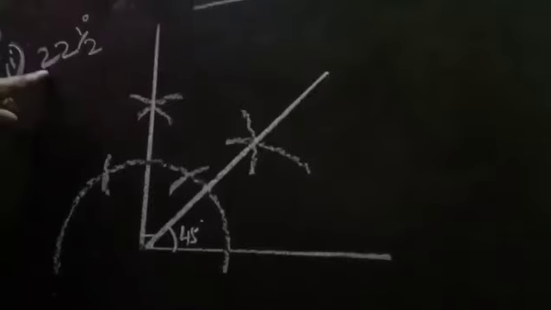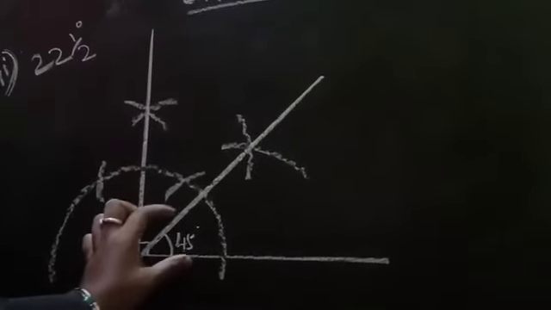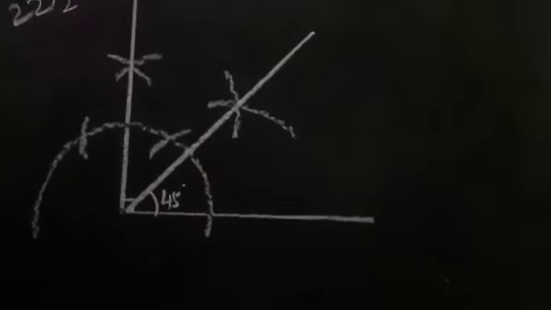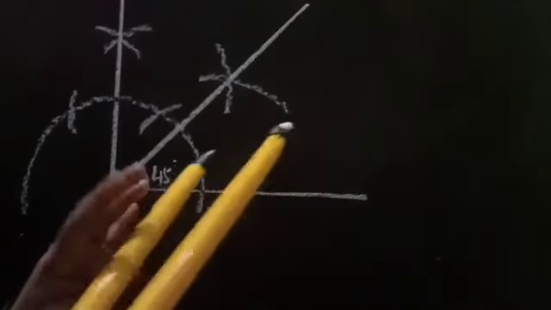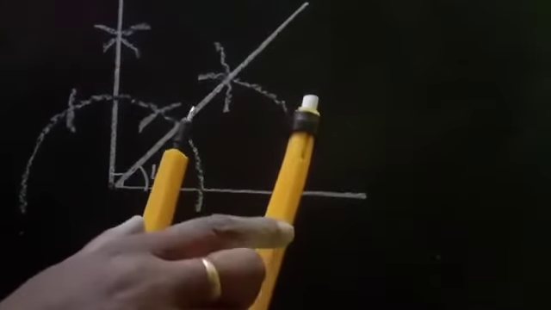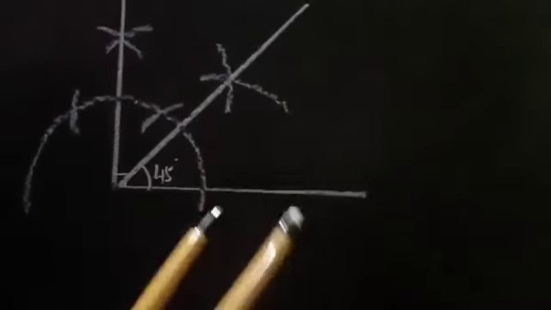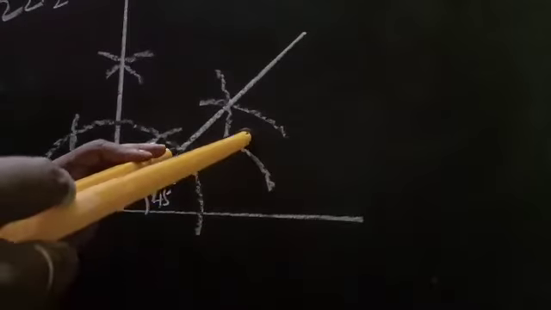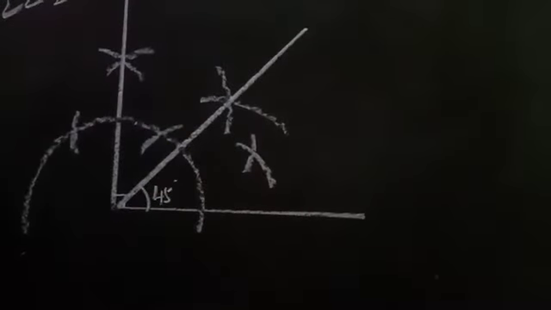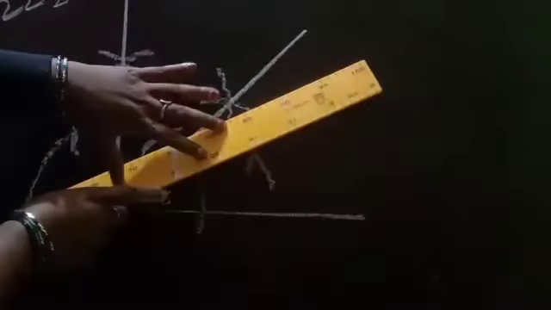Again we need now 22.5 degree, which means we have to bisect 45. Then adjust any length for the compass for both sides. From here to here, one arc, from here to here, two arc. Then join this.